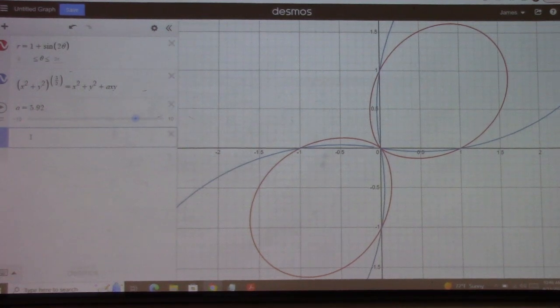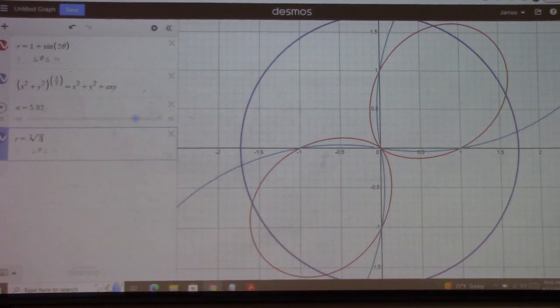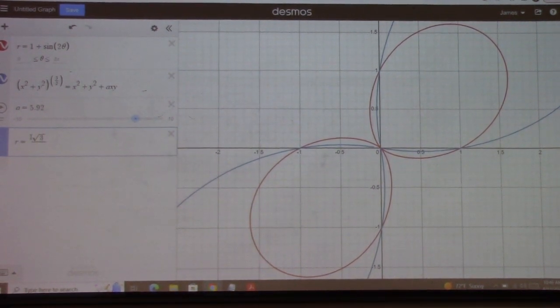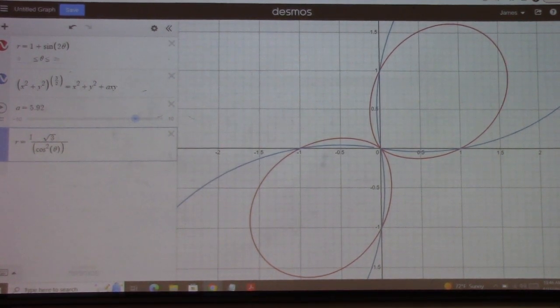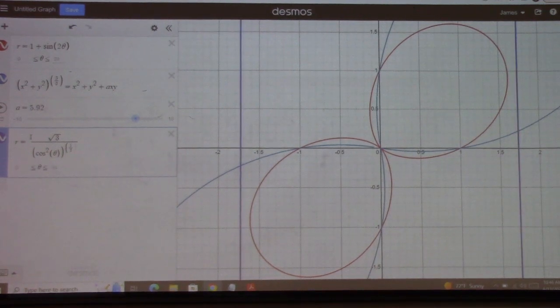What were we doing? Oh, the one I did earlier. R equals the square root of 3 divided by, what did we got? Am I missing a square root downstairs? Plus, what was it?